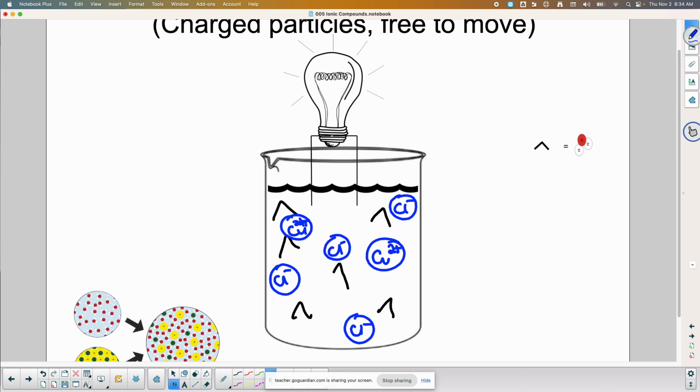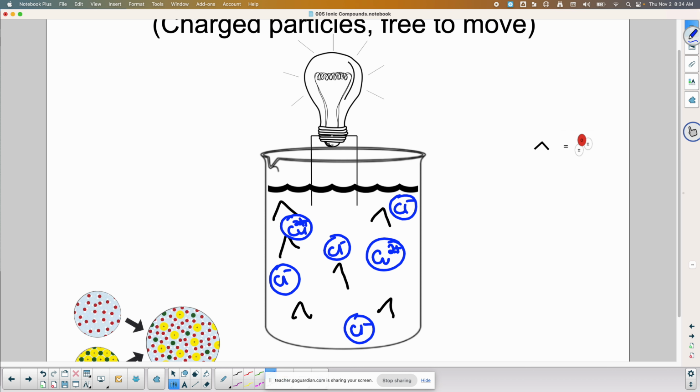And now we need to understand the difference between my light bulb and a battery. Because the coppers and the chlorides are just kind of scattered randomly throughout the beaker. And yet, last time we were in class, I had you do something where you hooked up power and you sorted out the coppers and the chlorides from one another based on being positive and negative.